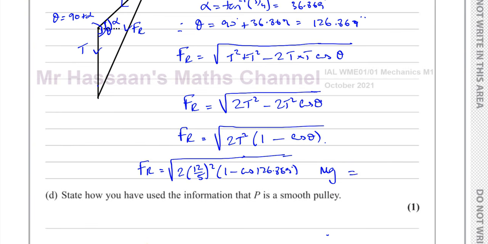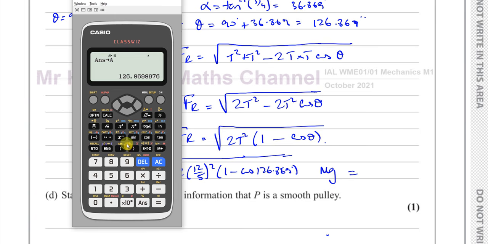So let me just work out what that gives us. I have the square root of 2 times 12 over 5 squared, times 1 minus the cosine of, now I'll just press recall A, that's the answer that we had stored.